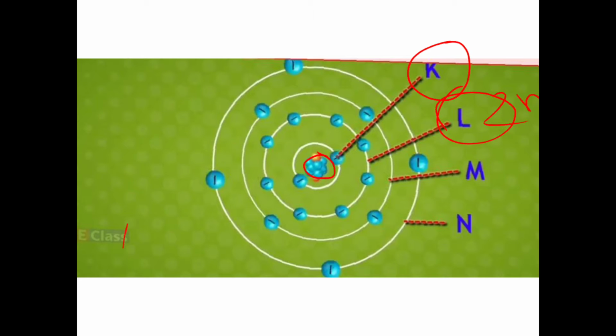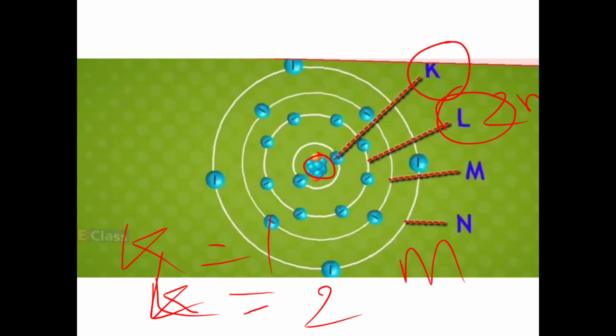So K is the first shell, L is the second shell, M is the third shell, N is the fourth shell.